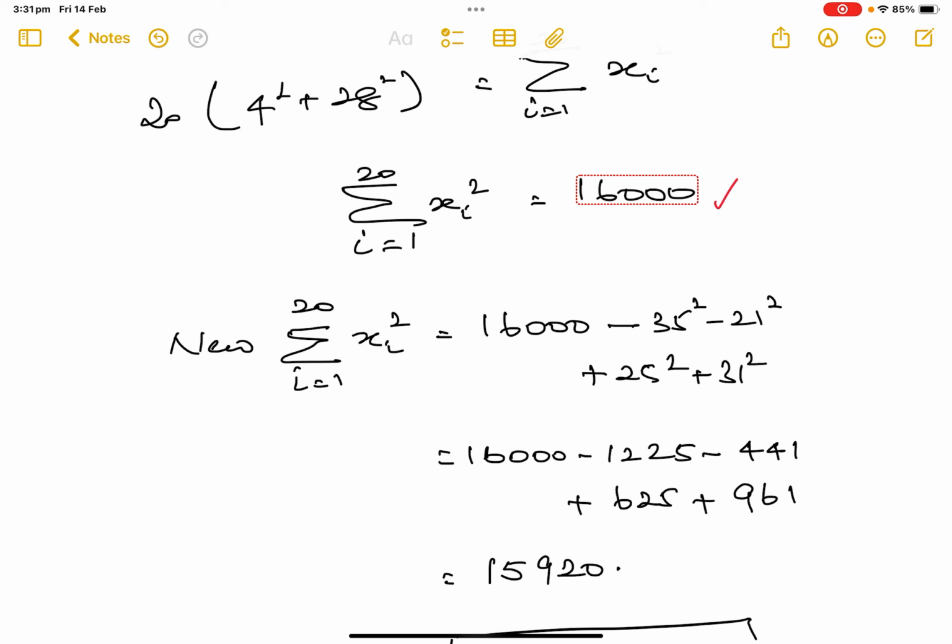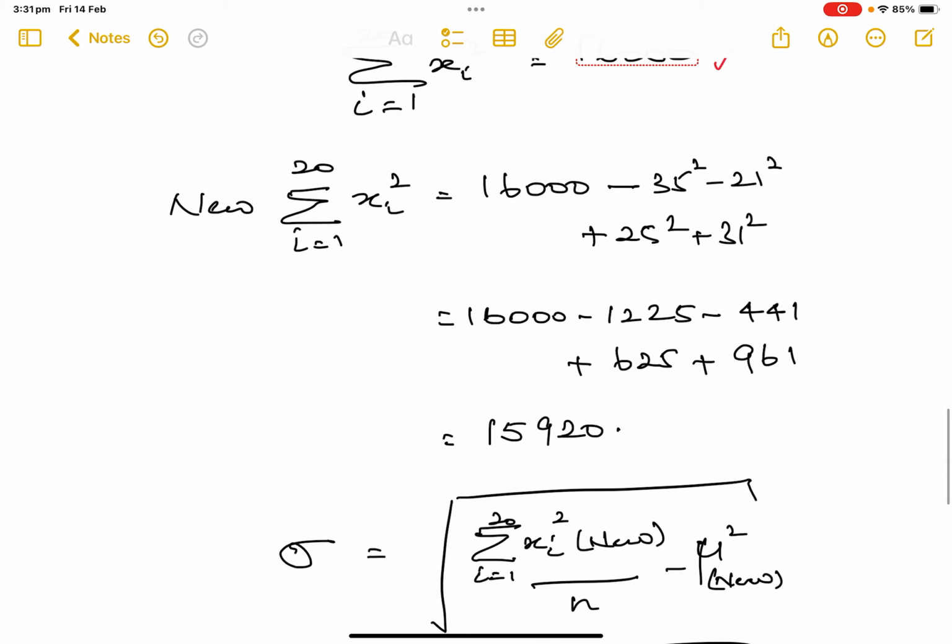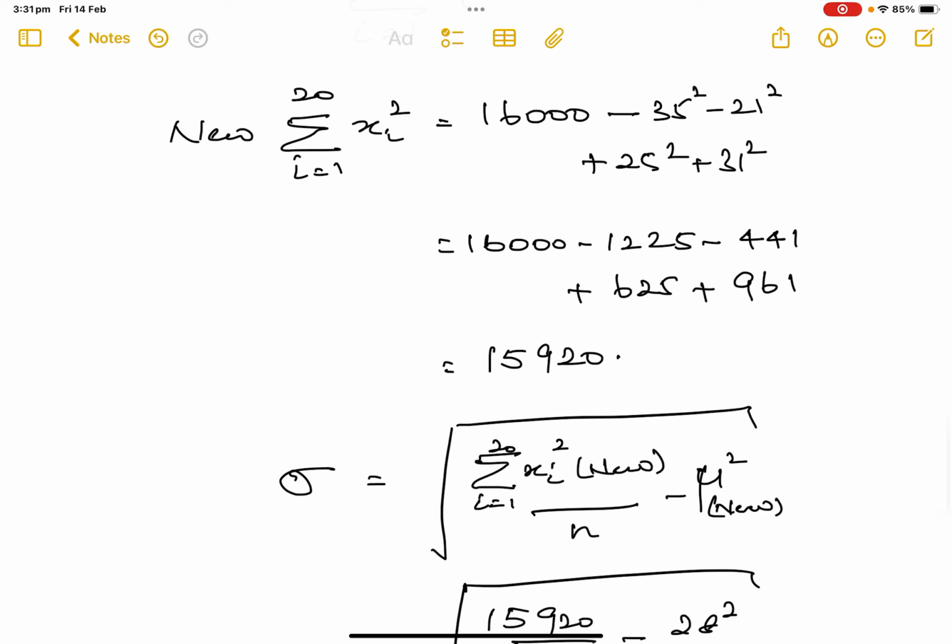But we have two incorrect values, which were 35 and 21. So from the 16,000, 35 squared and 21 squared are removed. Then we add the new values, 25 squared and 31 squared. That gives us the new sum of xi squared. When you work it out, instead of 16,000, now it's 15,920.